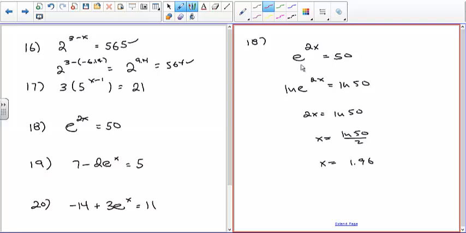If I plug that back in, e to the 2 times 1.96, which is e to the 3.92 power, and I get 50.4, which is close enough given the rounding.